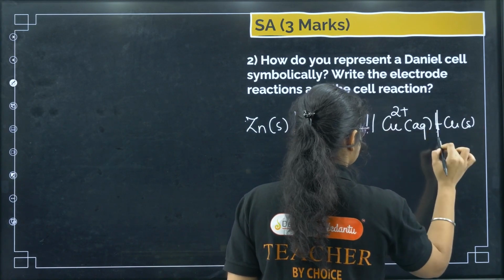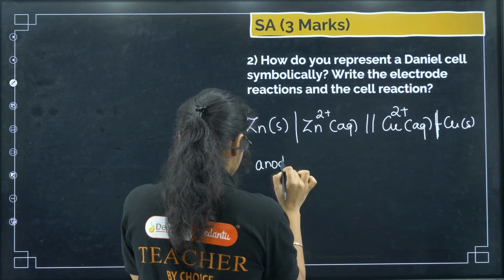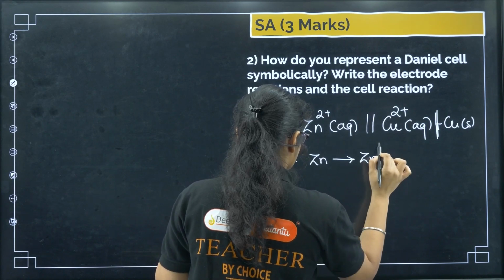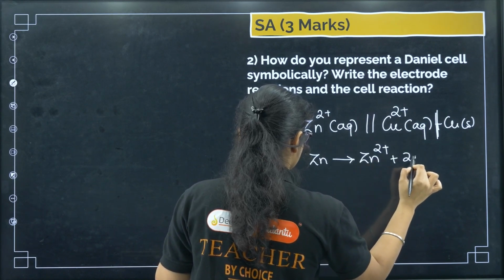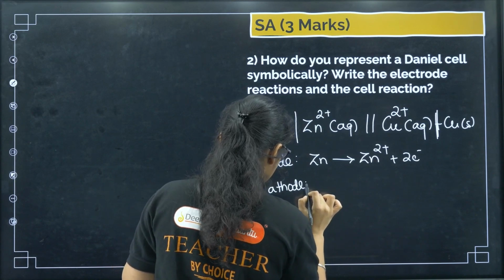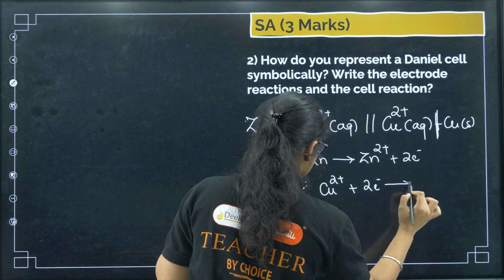Not plus, you have to mention it like this. Now what is the anode reaction? Zn gives you Zn2+ plus 2 electrons, and at the cathode, Cu2+ plus 2 electrons gives you copper.